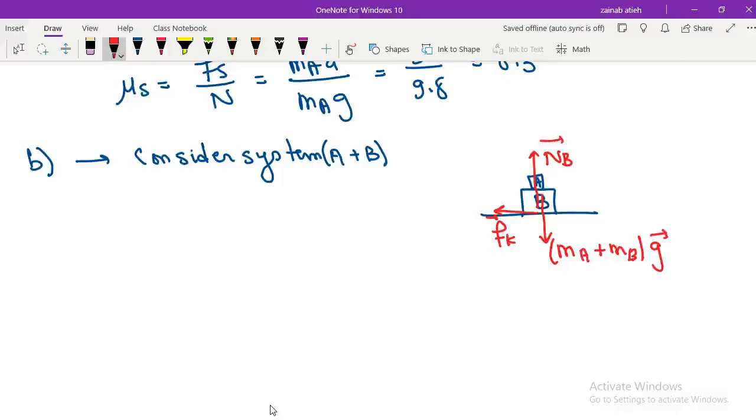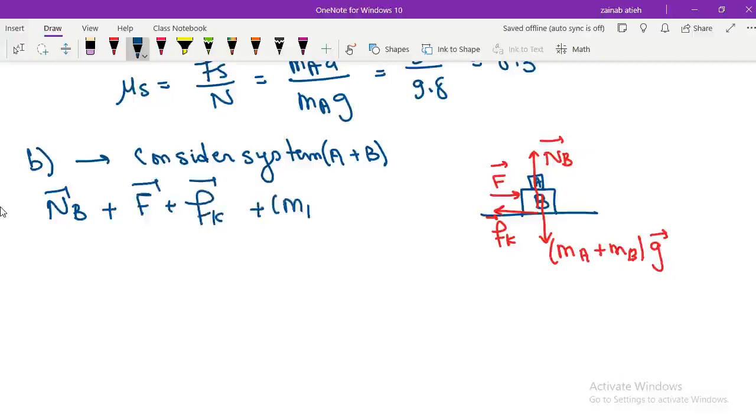I have the force F applied on B, since I'm only solving case 2 as the question said. So consider system A plus B. We have 4 forces: NB plus F plus friction with the ground plus MA plus MB G. This must be equal to the mass of the total system times A.